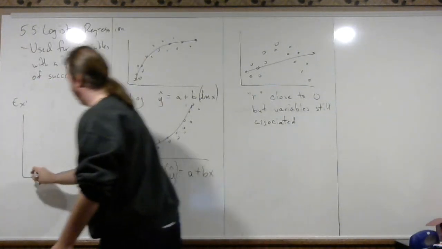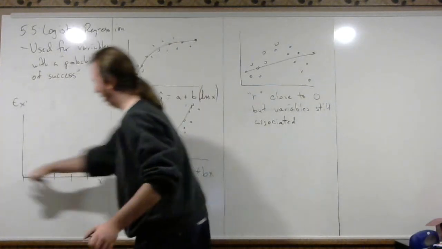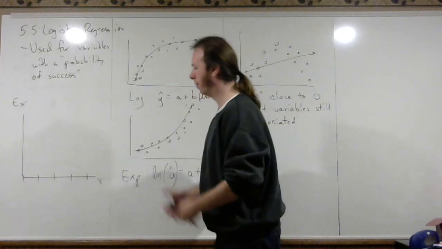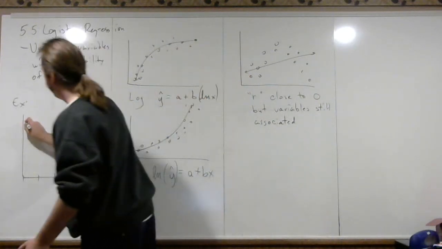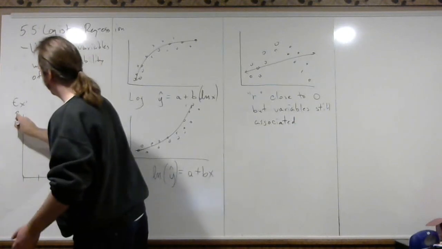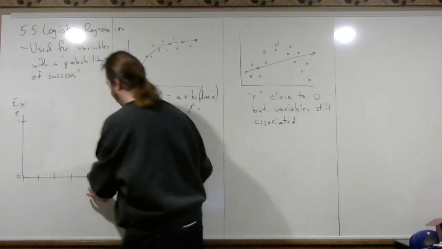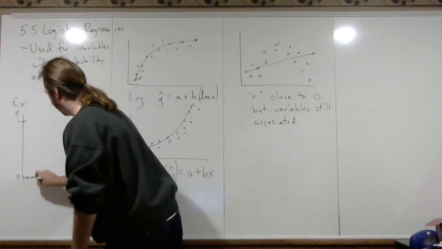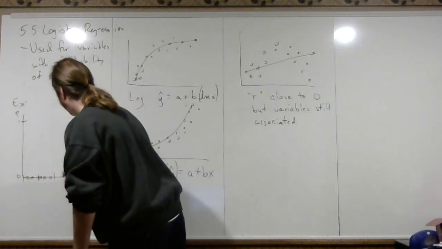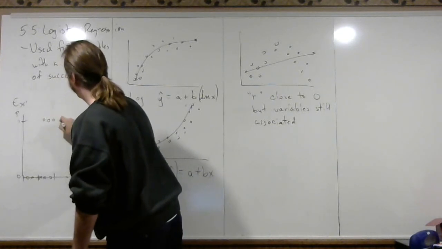So my example of that kind of looks like this. My x variable has different values associated with it. My y, or here we call it the p for probability, is either a 0 or 1. And basically, this is useful when I've got data that looks like this.